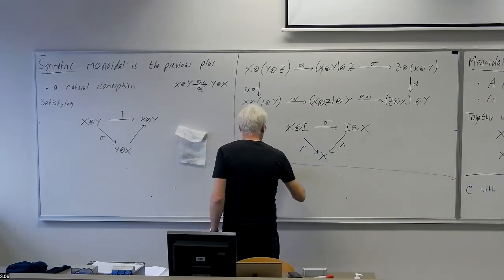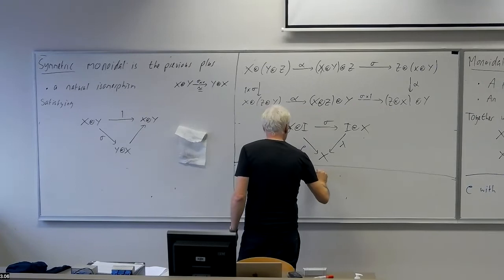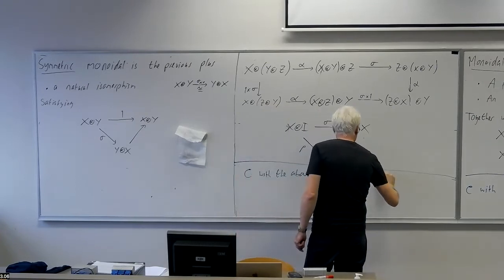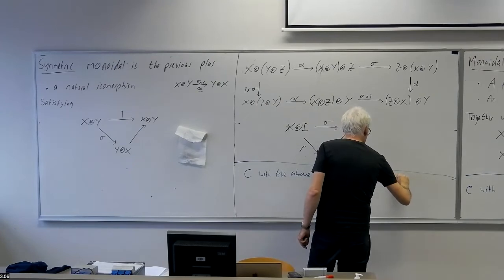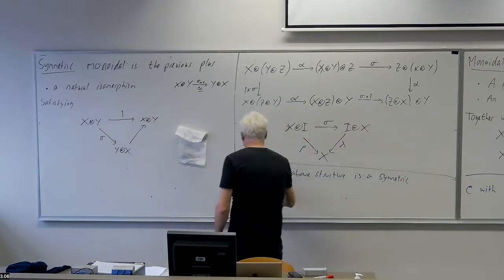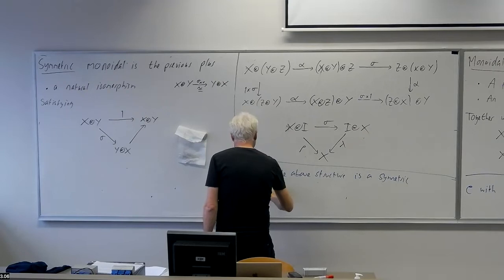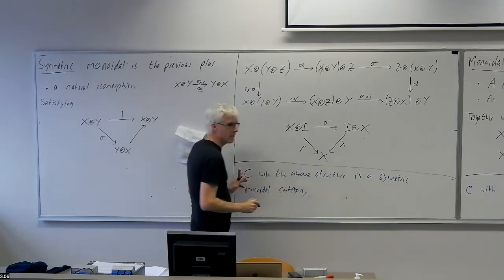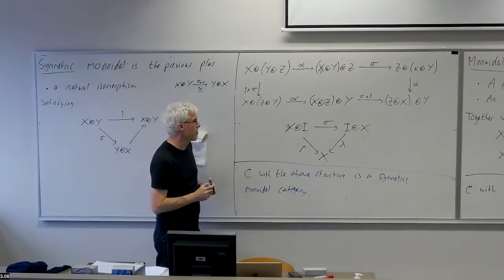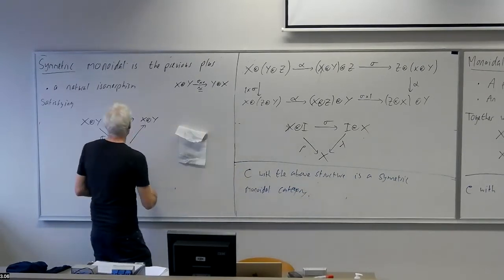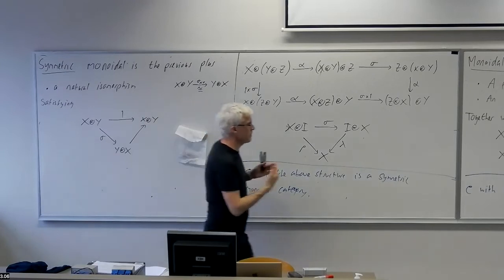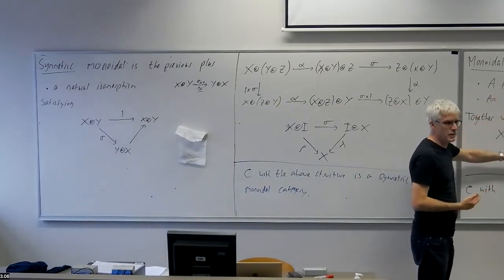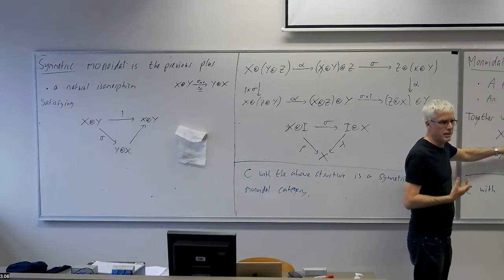C with the above structure is a symmetric monoidal category. When you say a symmetric monoidal category, the structure, the multiplication operation, and these maps between them, these are not uniquely determined by the category.